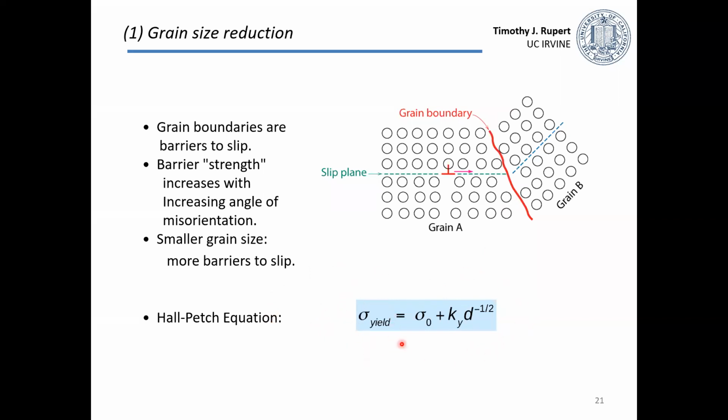This says that the yield strength of our material is going to be equal to some constant, which is the strength of the material without grain boundaries, plus a constant, K, times the inverse square root, so 1 over the square root of the grain size, D. That might be the width of one of those crystals. So what that means is as the grain size goes down, this term right here on the right is going to become very large.